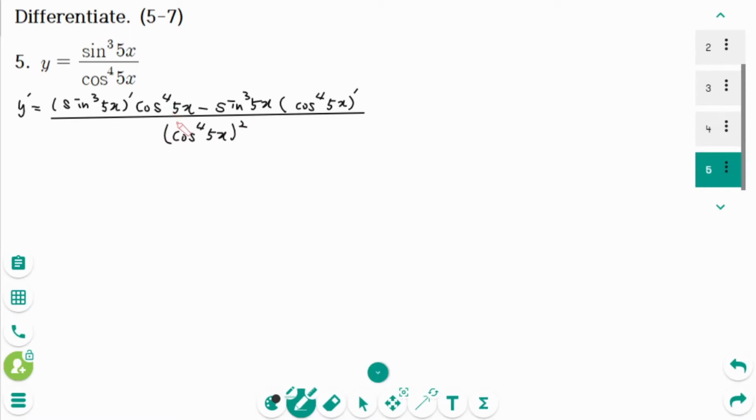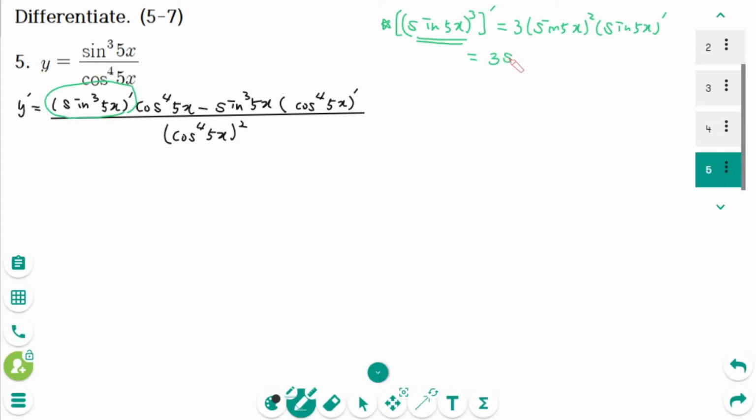Let's first differentiate only the part where the chain rule should be used. This is the first one. Then sine 5x to the power of 3, prime, equals, just think of it as the inner function is u, then u cubed prime is 3u squared times u prime.